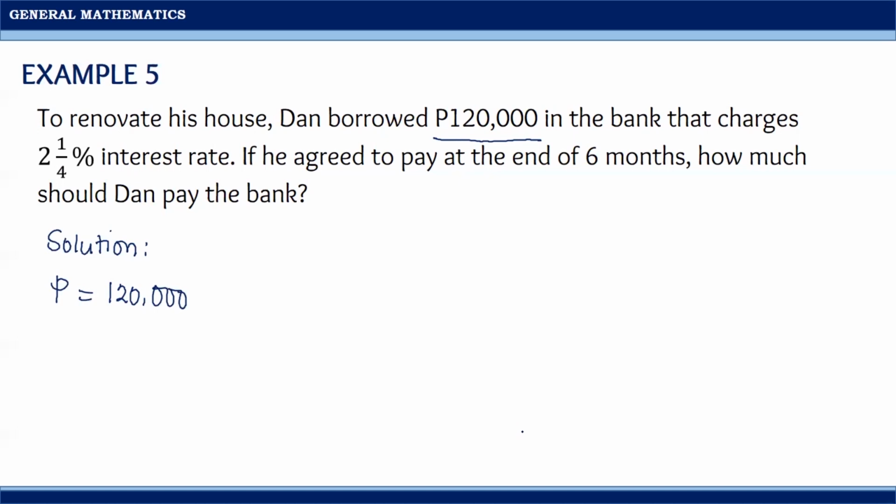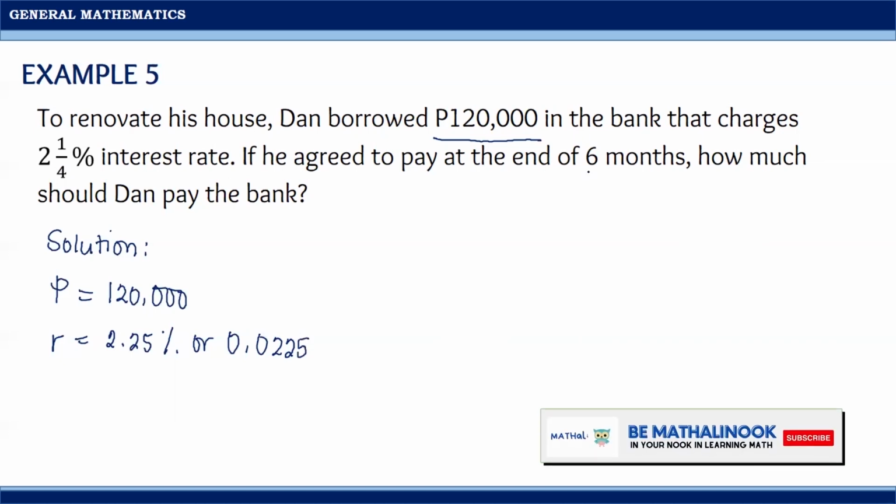The bank charges 2 and 1/4% interest rate. Therefore, the interest rate or R is equal to 2.25%, or in decimal, that is equal to 0.0225. The time is being given in 6 months.